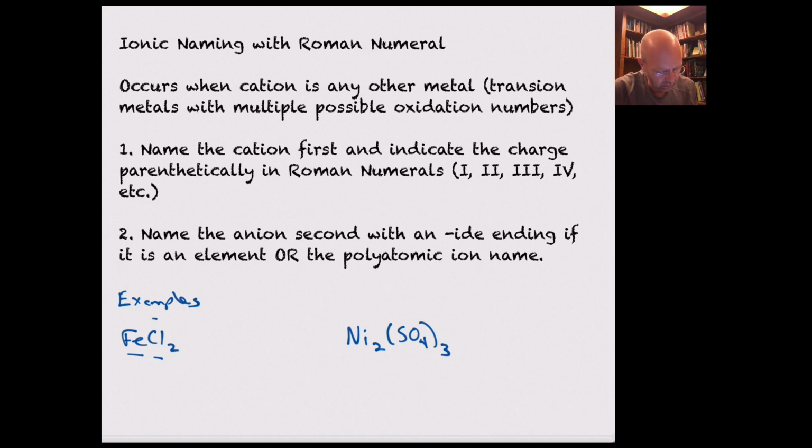So there's a total of a -2 charge on the 2 chlorine atoms that are there, and that means that the iron must have a +2 charge, and so we would need to indicate iron(II) chloride as its name. Okay, and we don't need to do a prefix on the chloride because it's clear from the charge on the iron how many chlorides are there.